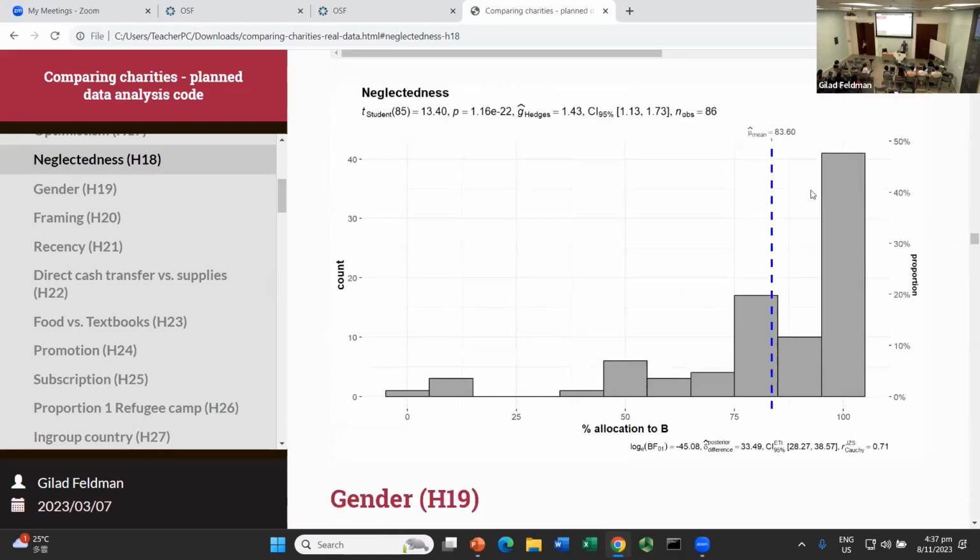And then for all of these, you'll be able to see the distribution. You'll be able to see how it compares to the 50 point. So here it's much higher than the 50 point. And on top here, you will see all the statistical tests and all the results. Okay? So this is the block of the singular scenarios. Now I'll show you the other block with the connected scenarios.